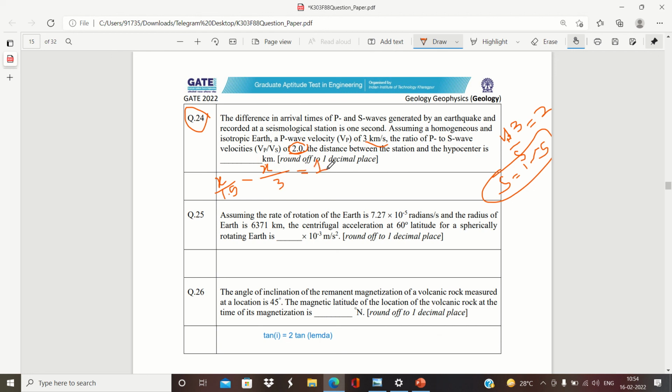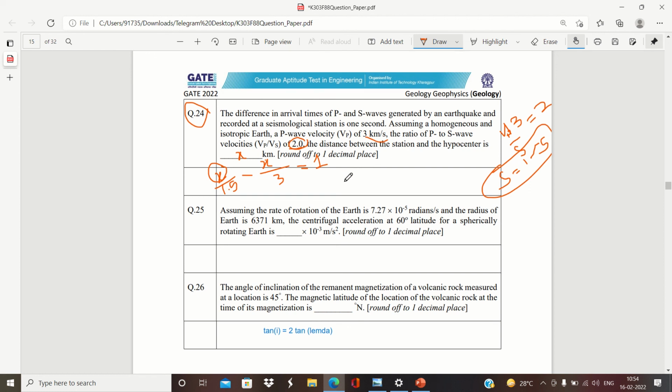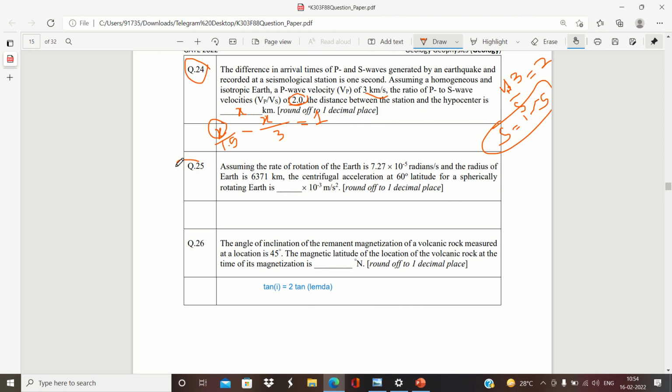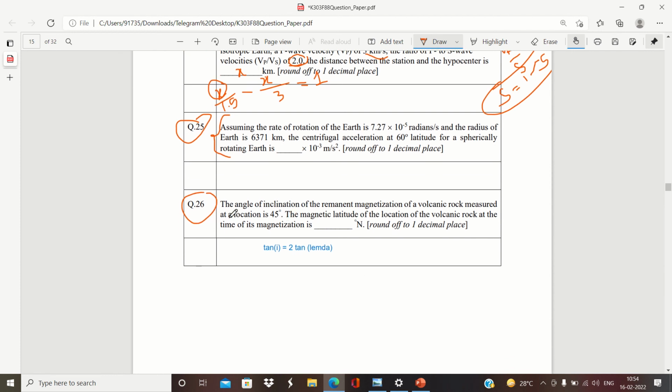Simply we will solve this equation and the value of x will be our answer. Calculate this and write in the comment box what the answer is. Then another question, question number 25. Actually, I don't know how to solve this question, so I am leaving it. Once I get the solution or the concept, I will make a different video for this question.